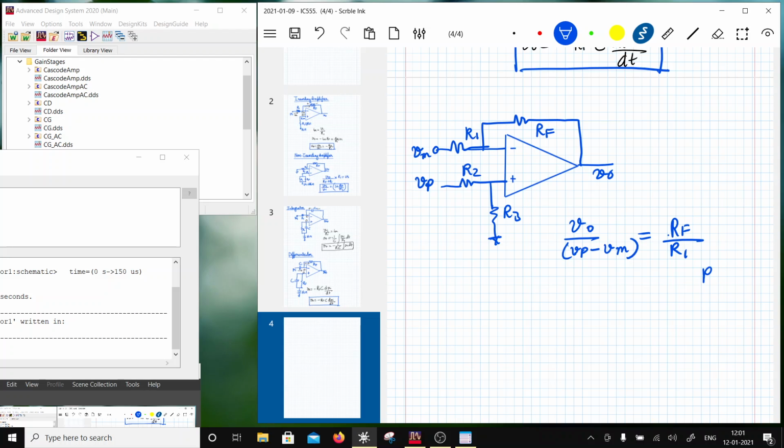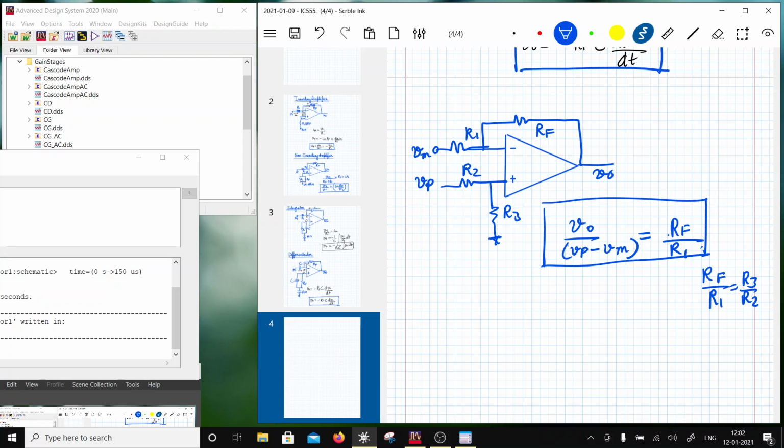Okay, RF upon R1 is equal to R3 upon R2. So this would be a difference amplifier, right?